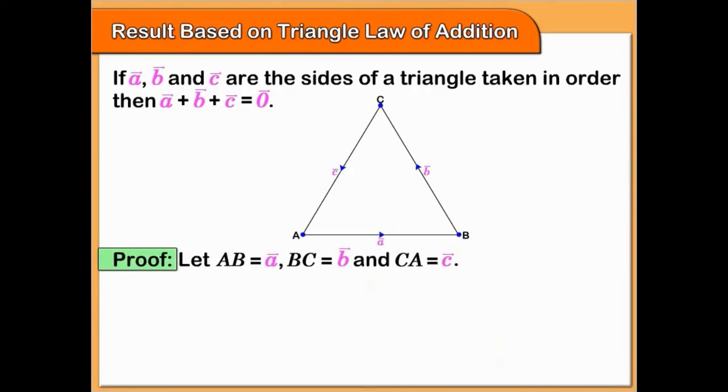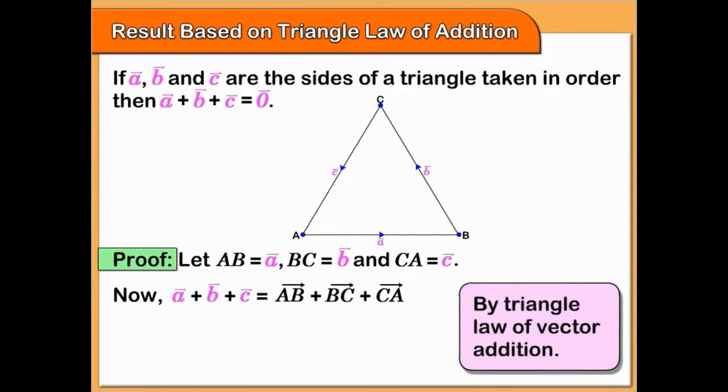Consider the proof. Let AB represent vector A, BC represent vector B and CA represent vector C. Now, vector A plus vector B plus vector C is equal to vector AB plus BC plus CA.